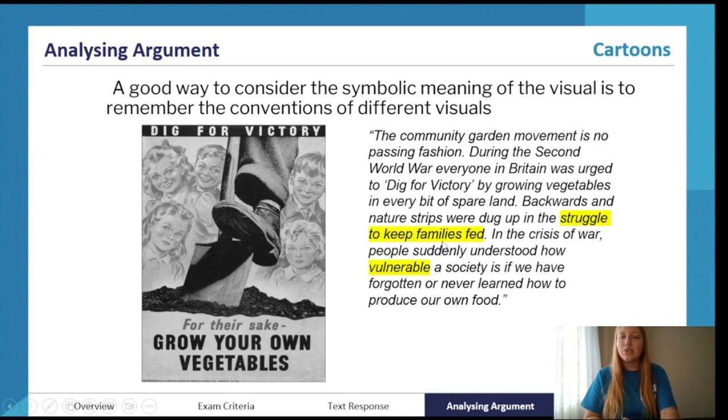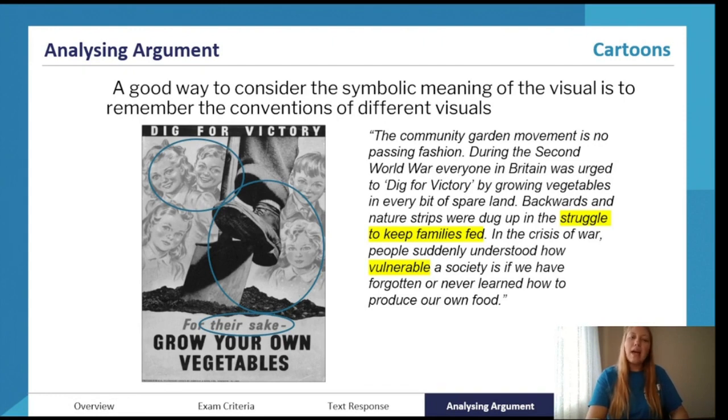So this idea that we want to talk about, the struggle to keep families fed, if we want to write a really good analysis of the visual, we're going to include that in the background we see faces of the family members and children, indicating that there's that struggle to keep the families fed, and that these children are also vulnerable because this is done for their sake. The imagery combined with the text, their sake, indicates that they're vulnerable and they need to be taken care of.